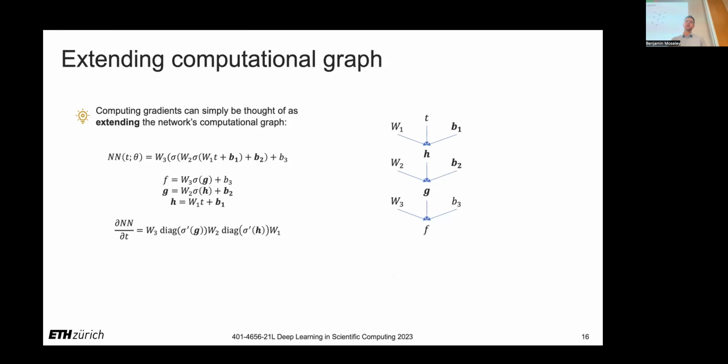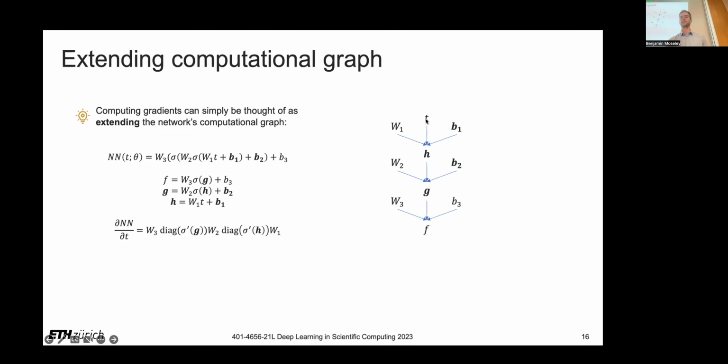And the cool thing is we can just use autograd, because as I explained, autograd is a way of computing gradients of arbitrary programs, right? So it doesn't have to be a program where we want the gradient with respect to the weights. It could just be a program where we want the gradient with respect to the network inputs instead. And autograd would work in exactly the same way.